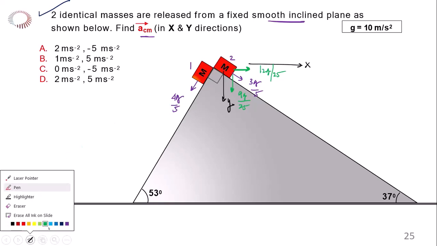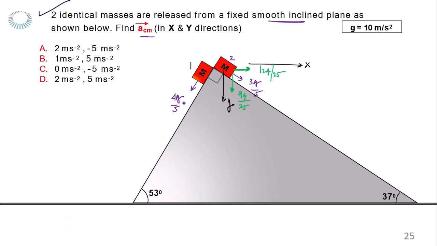Similarly, the other acceleration 4g by 5 also has two components. The x component in this direction is 4g by 5 cos 53, multiplied by 3 by 5, so 12g by 25. In the downward direction it is 4g by 5 into sin 53, which is 4g by 5 into 4 by 5, so 16g by 25.